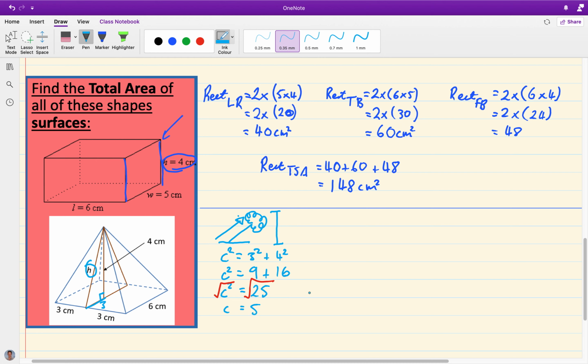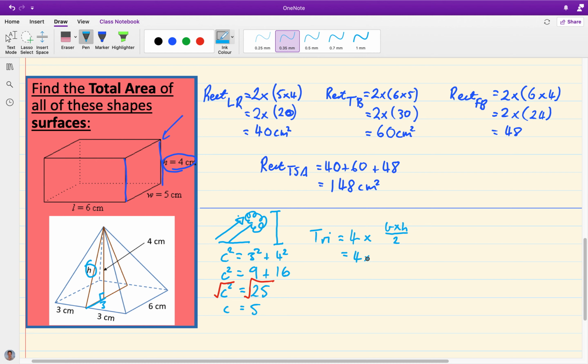Okay. Now that we've got the height, we've got 4 triangles there. So we've got our triangles is equal to 4 times the base by height divided by 2.